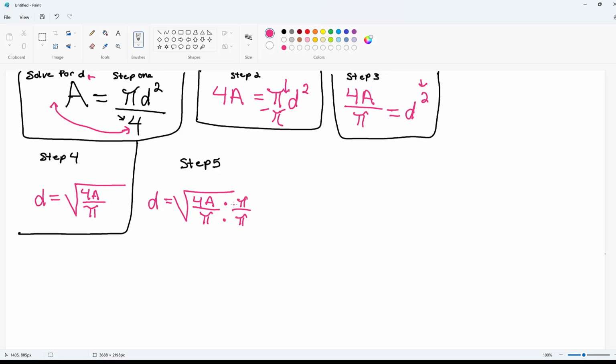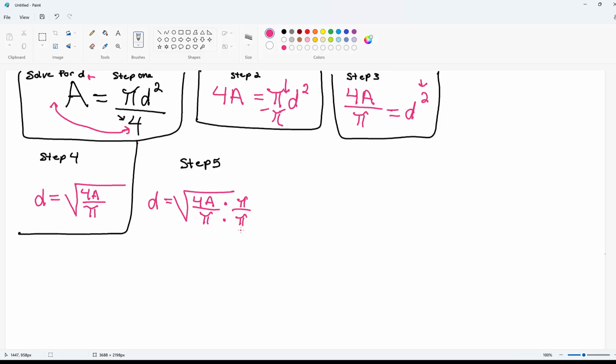You remember when you multiply with multiplication in junior high or high school, depending on wherever you went to school, you know that when you're multiplying a fraction, you basically just multiply across, but you want to make sure that the bottom, the denominator, is the same.